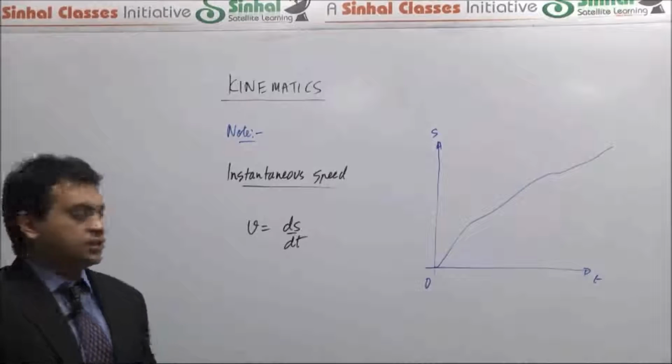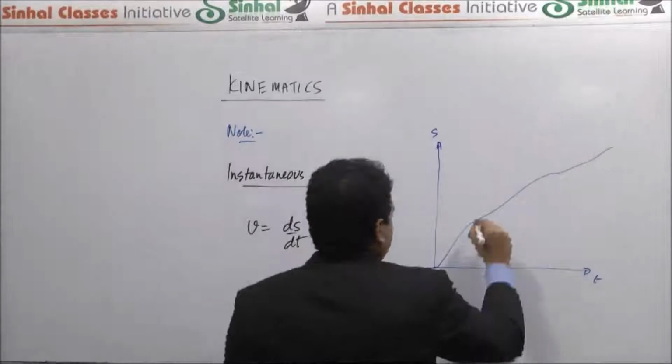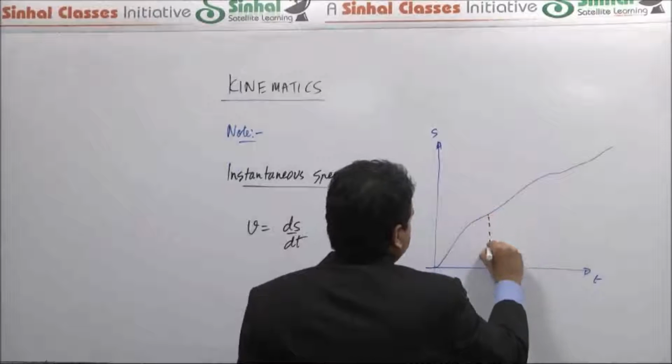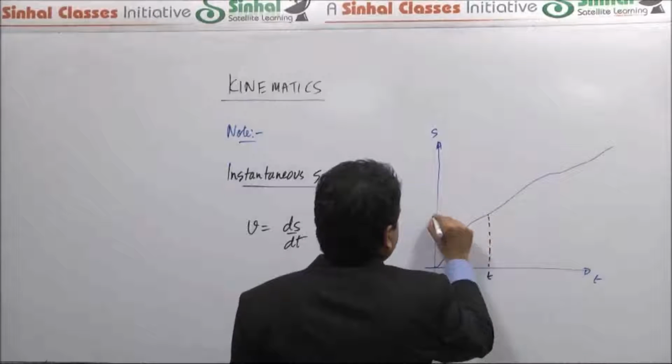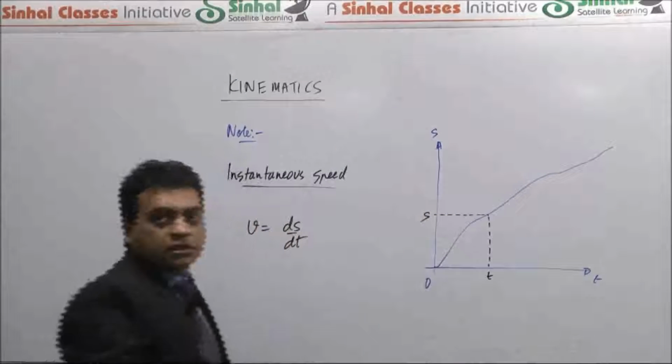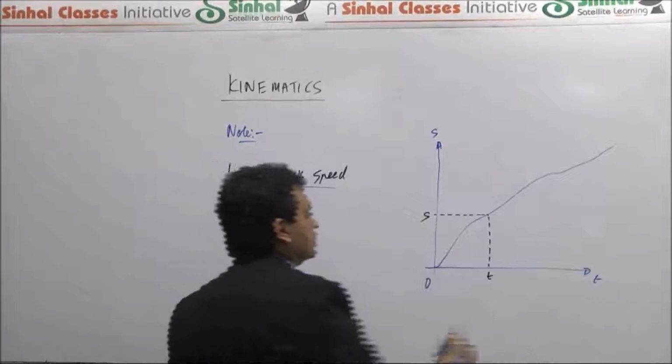So let's say that's our distance versus time graph. Now at a particular moment of time, when the instantaneous distance is s, you want to calculate the instantaneous speed.